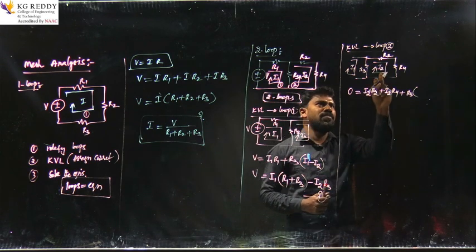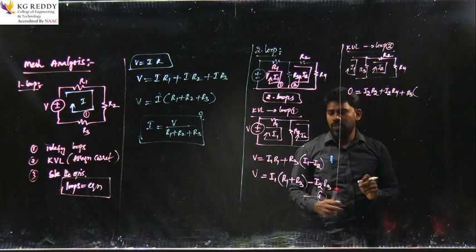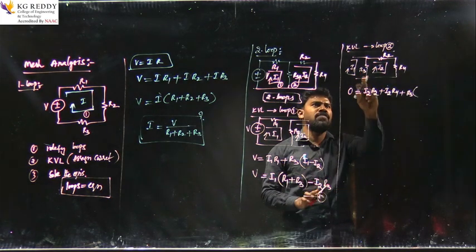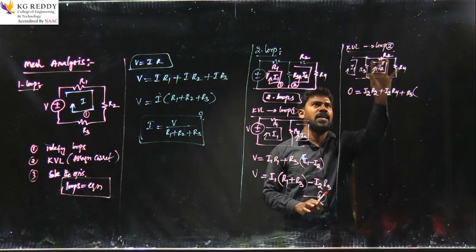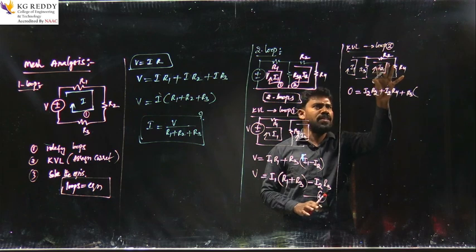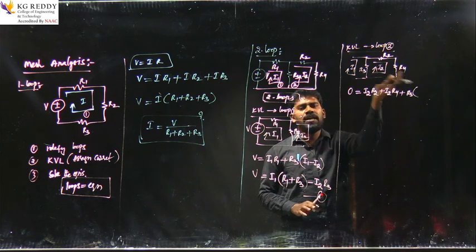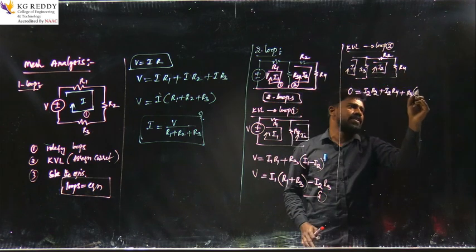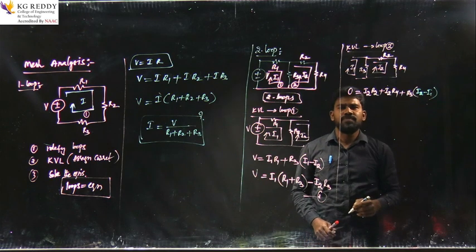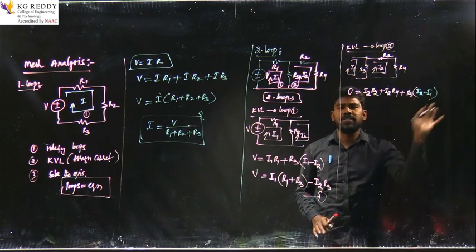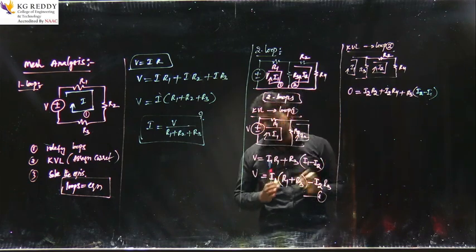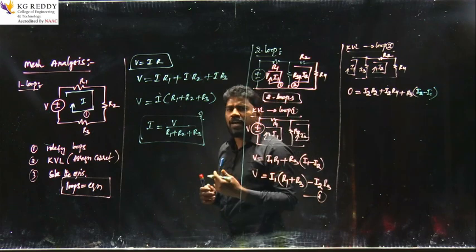No, see here, we will get I2 minus I1 only, because somebody is saying I1 minus I2. We won't get I1 minus I2, because here we are applying KVL to loop 2, and loop 2 is the higher potential, you can think. So loop 2 minus loop 1. In whichever loop we apply KVL, that loop current is the higher value than the other loop.